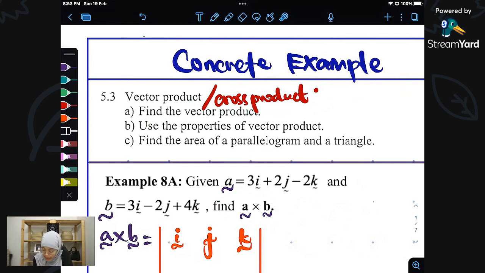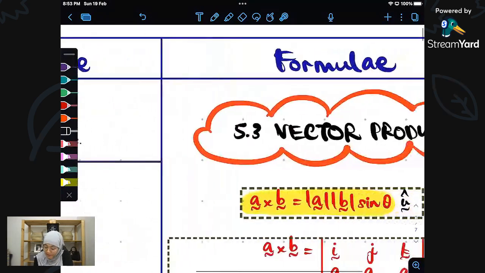Okay, so now how do we solve? How do we find A cross B? There is a formula for finding the vector product or the cross product. So I'll show you a brief formula here.